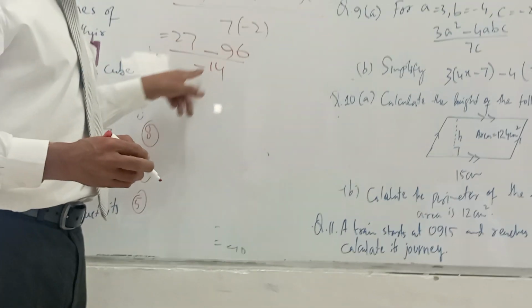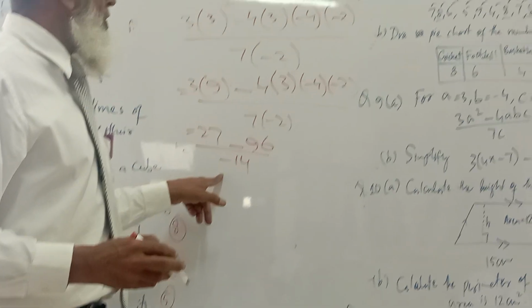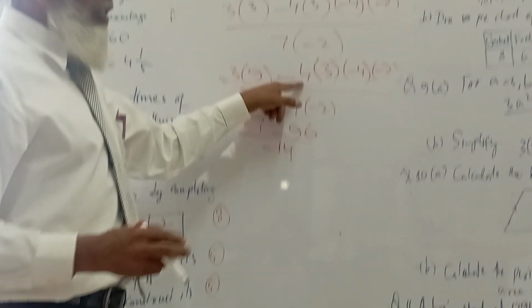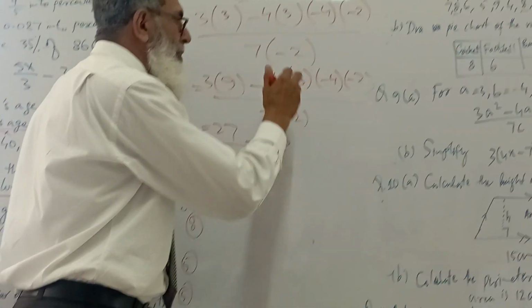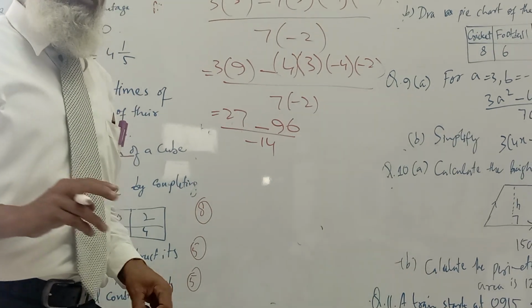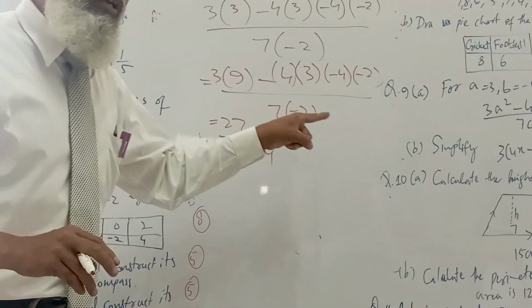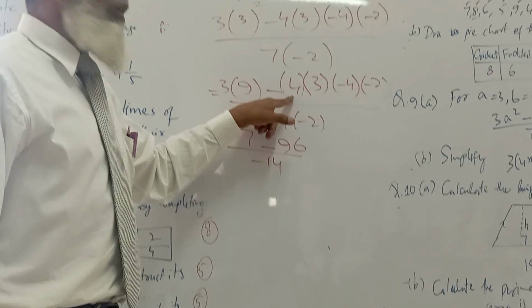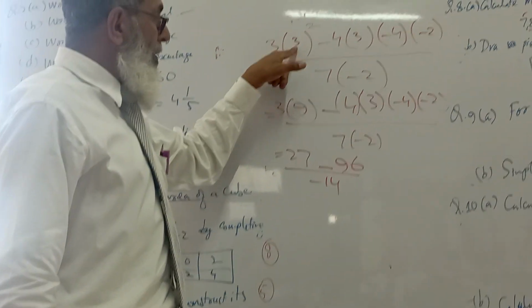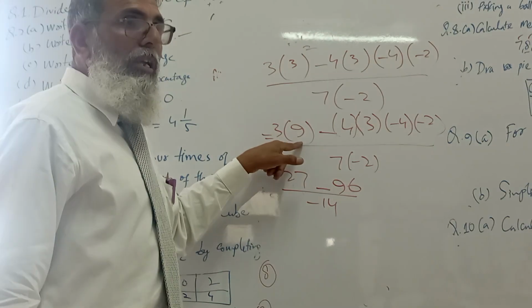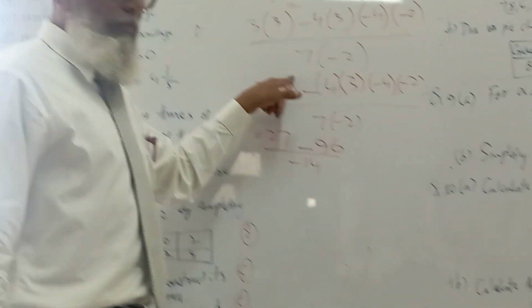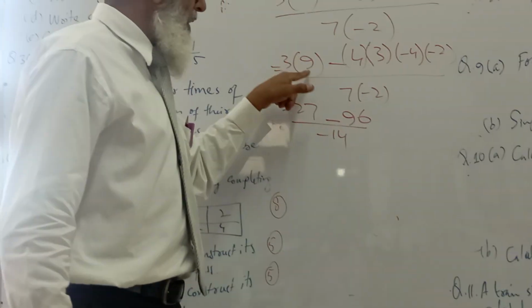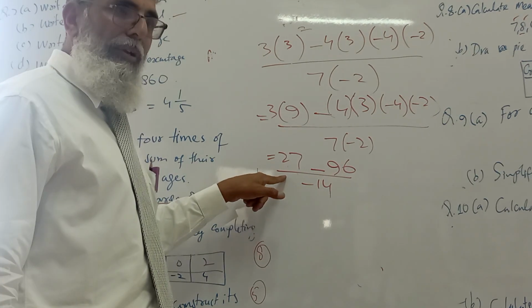Yes, plus minus is minus. We multiplied all these numbers. Because of the square, this 3 is converted into 9, so there is no square now, and 9 multiplied by 3 is 27.